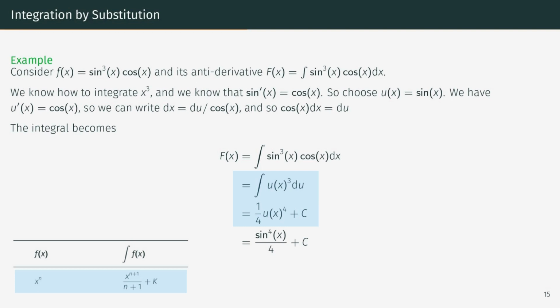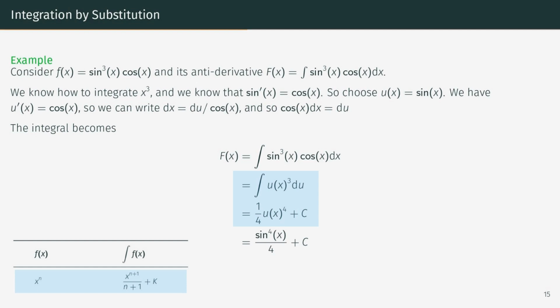So we can choose u(x) equals sine of x. We know that the derivative of u(x) equals cosine of x. So we can write that dx equals du over cosine of x. And so cosine of x dx equals du. Knowing this, we can now proceed to solve the problem.